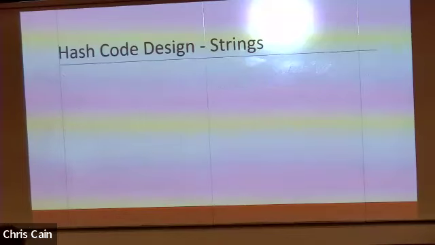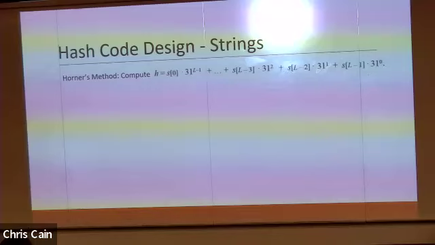For strings, we use Horner's method. Horner's method says you're going to take some prime. 31 is particularly popular as a small prime. 17 can be used. It doesn't really matter what you use, just some small prime. And you're going to take the ASCII value of every character in the string and treat it as a particular exponential place.